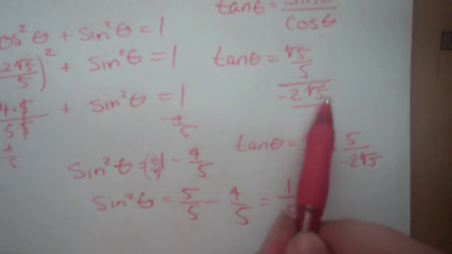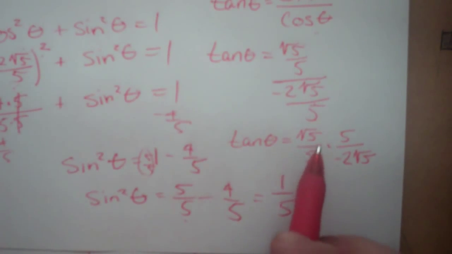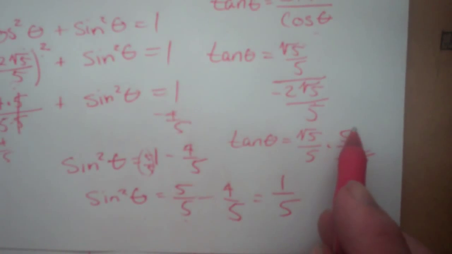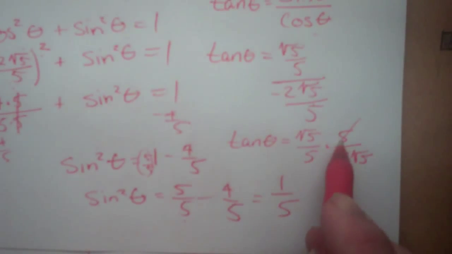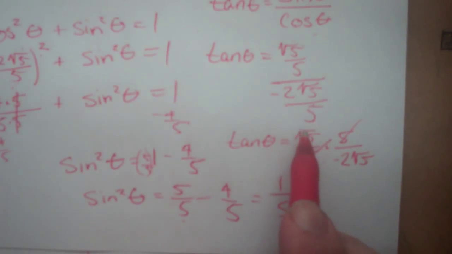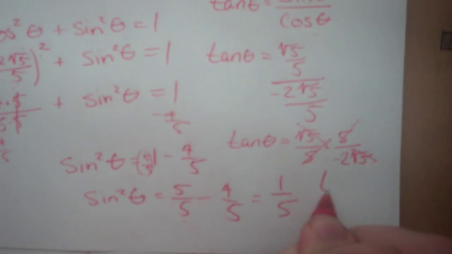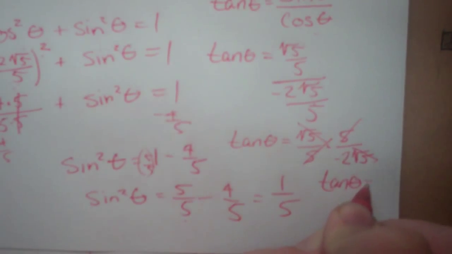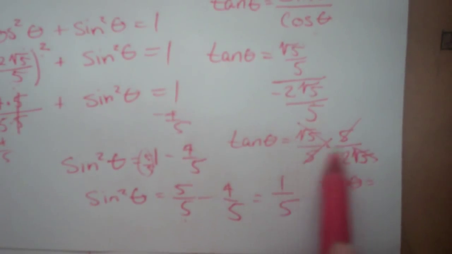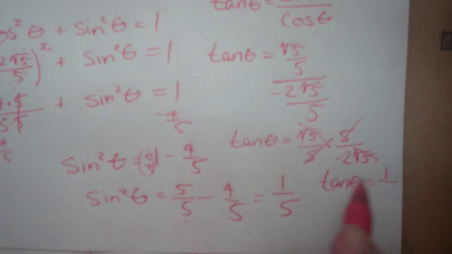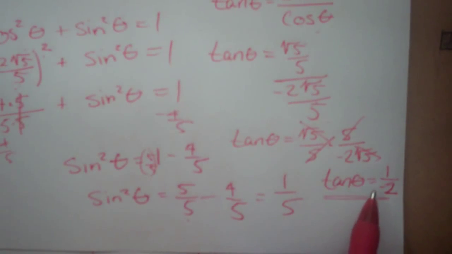Take this and flip it over. Some very nice things happen. See how this 5 on top and this 5 down below, those guys cancel out. This radical 5 on top and this radical 5 on the bottom cancel out. We end up with the tangent of theta is equal to, what's left on top is a 1. What's left on the bottom is this negative 2. And so the tangent of theta is equal to 1 over negative 2.